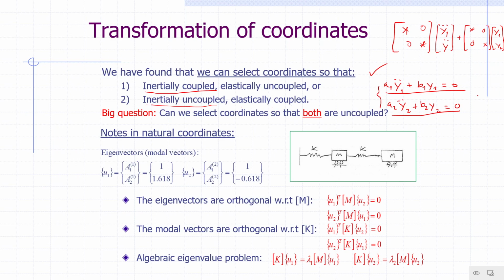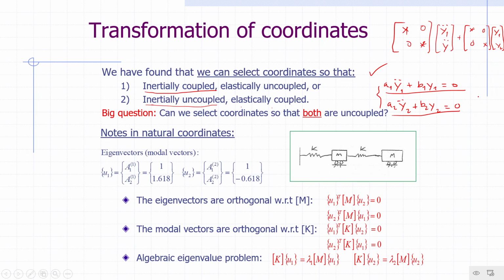It's much easier, right? So this is the big question: how can we select coordinate systems so that both are uncoupled?